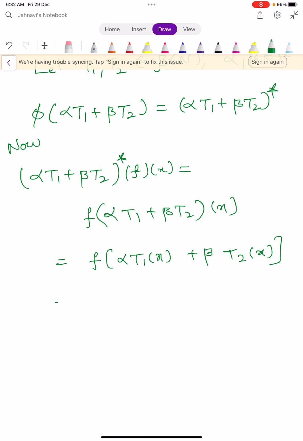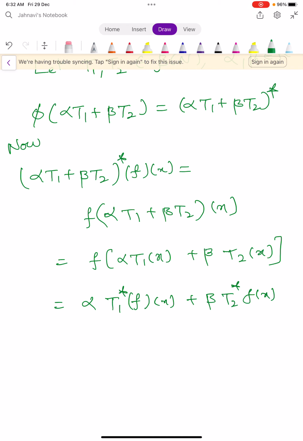Again, this can be written as alpha T1 star of f of x plus beta T2 star f of x.